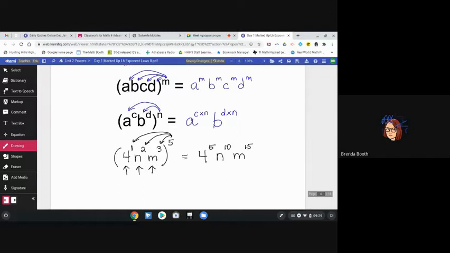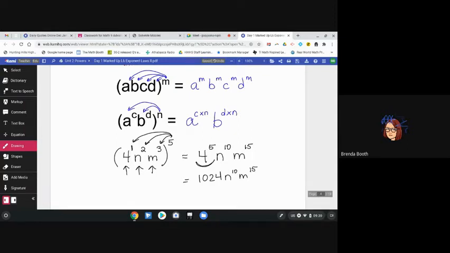And I could simplify even further because I can actually calculate 4 to the power of 5. 1024, I believe. Maybe I better check. Not always so sharp first thing in the morning. Yep, we're good. So we'd have 1024, n to the 10, m to the 15.